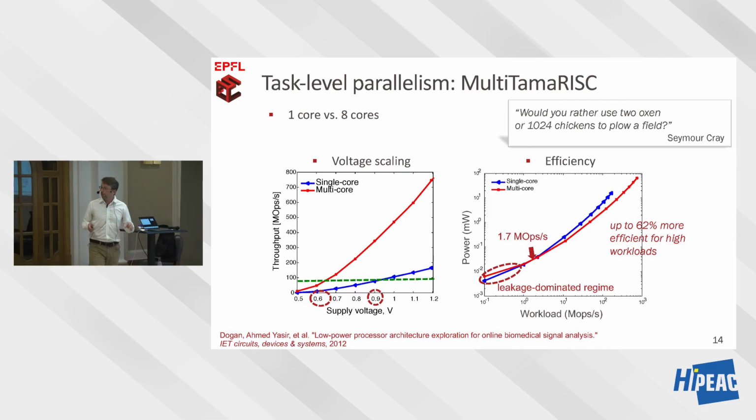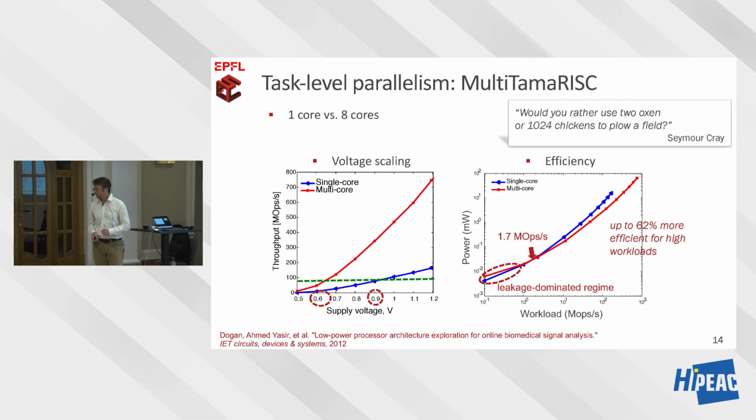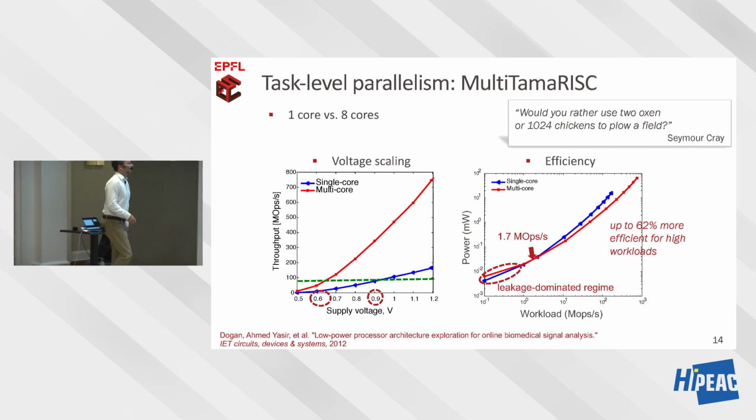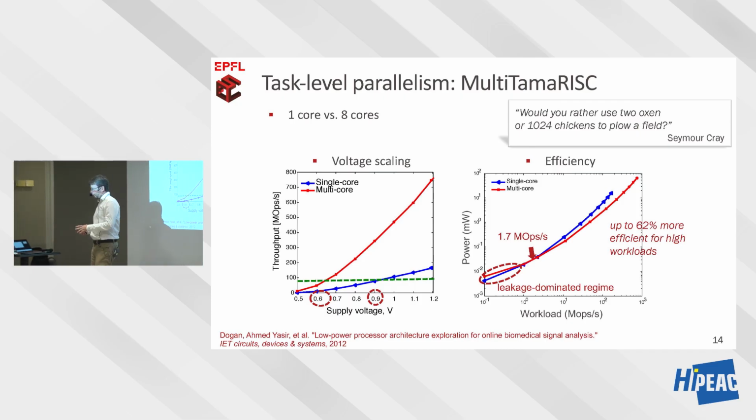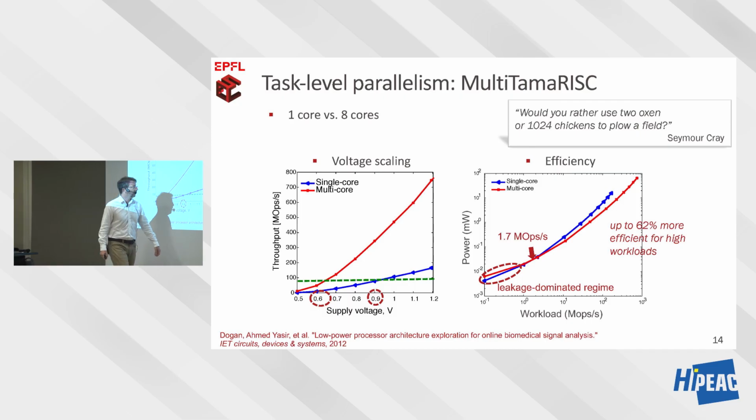Nevertheless, even for deep, ultra-low power edge applications, we see that using many chickens can be beneficial if the workload is big enough. And the threshold at which we start preferring multiple processors with respect to a single one is rather low.